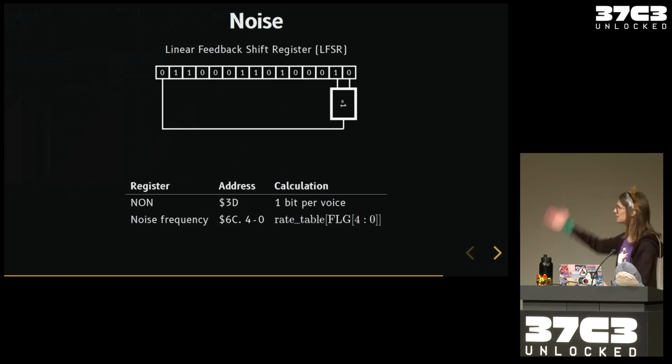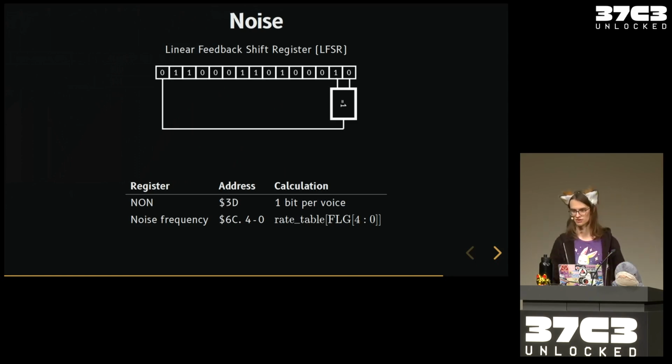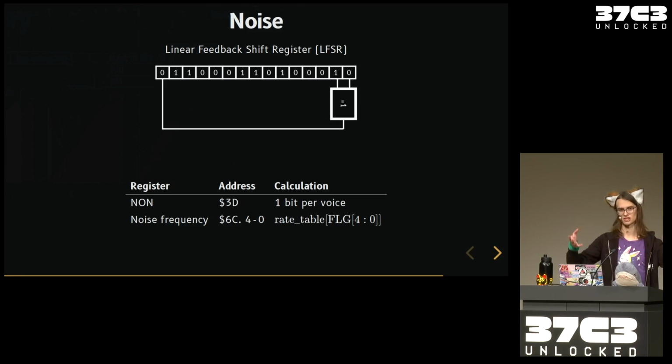So the way that a linear feedback shift register works is we take the lower two bits, XOR them together, shift all the bits one right, and take that XORed bit and put it into the top. This actually turns out to be a pretty good pseudo-random number generator given how easy it is to implement in hardware. And also if you put in a certain initialization value, which the hardware does, it will go through all of the possible 15-bit numbers eventually.